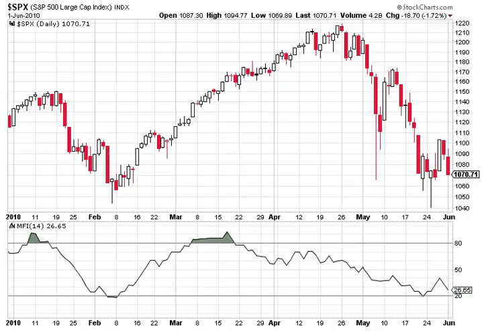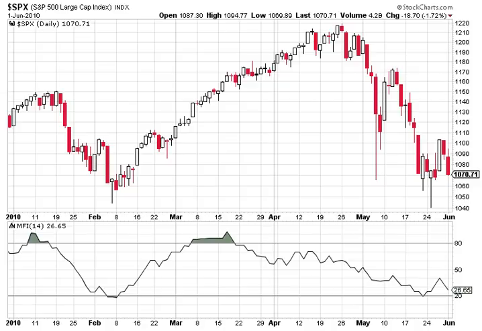The typical price on any given day is simply the high plus the low plus the close divided by 3. The 14-day money flow index is shown at the bottom of this chart while the S&P is shown at the top. As you can see, I've got the first 5 months of 2010 shown above.